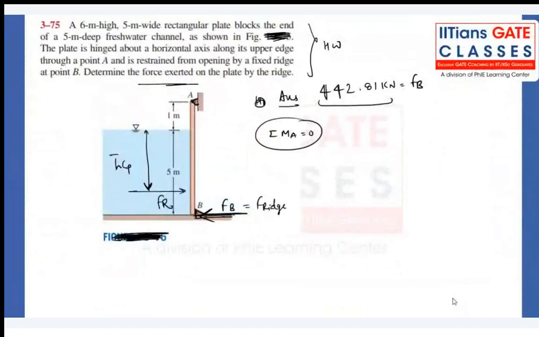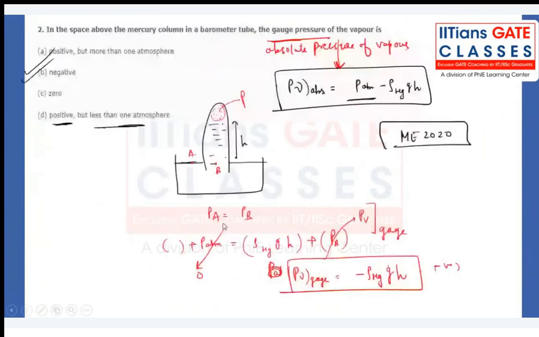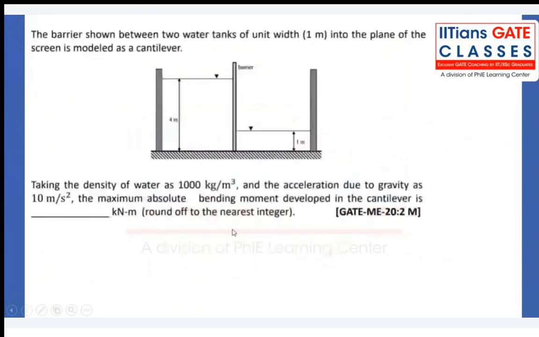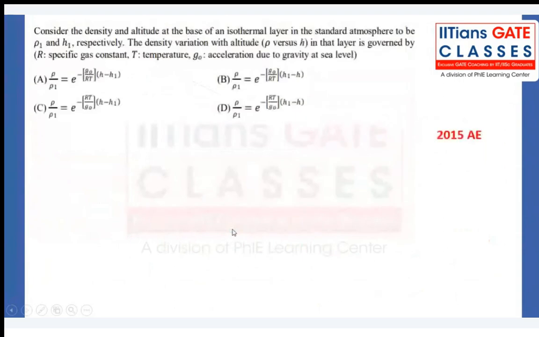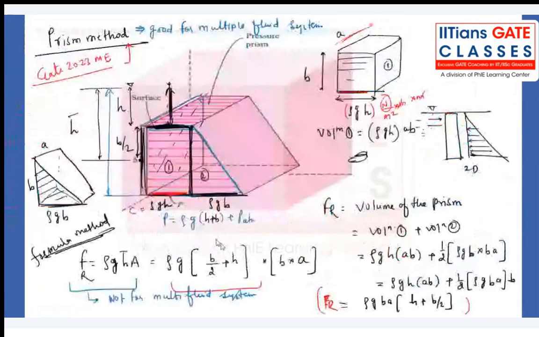Sir, can you move to the prism slide? In the volume of the prism method, volume 1 and volume 2, is this H the H bar? No, the volume of the prism means the dimensions of the prism.